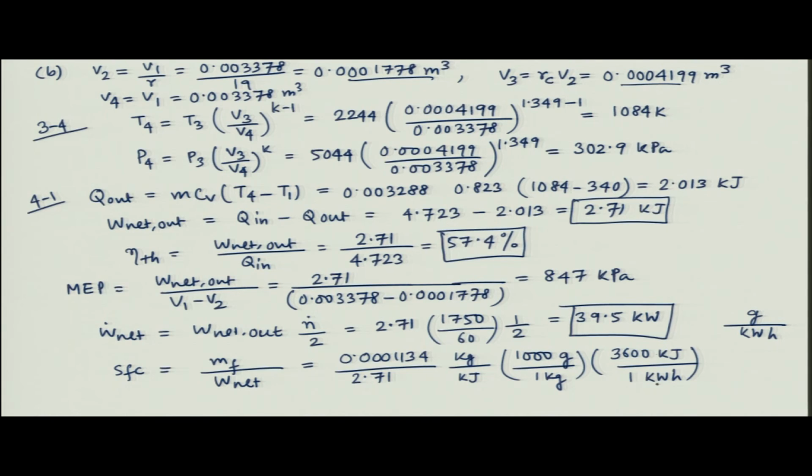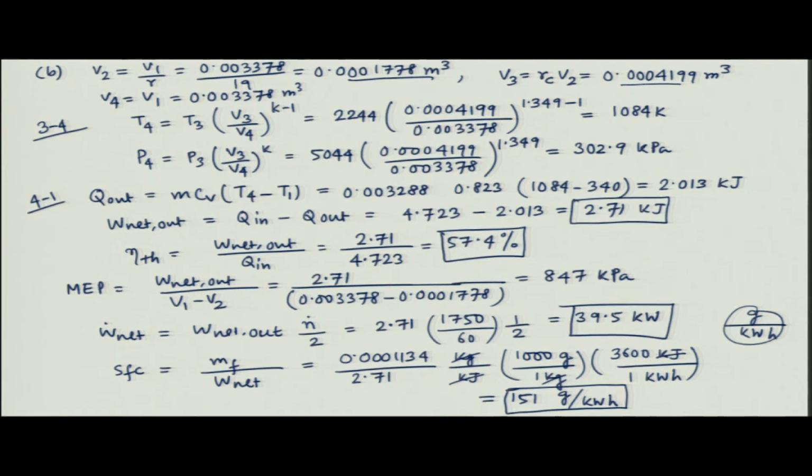So, now if you calculate, this will cancel and you will get gram per kilowatt hour unit. So, specific fuel consumption will be 151 gram per kilowatt hour. So, that is the final question.